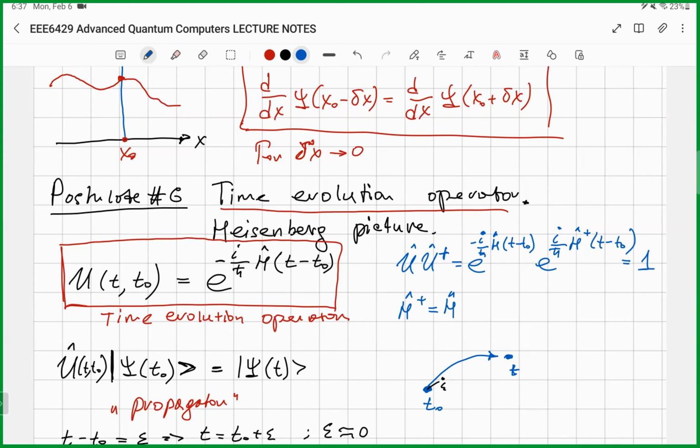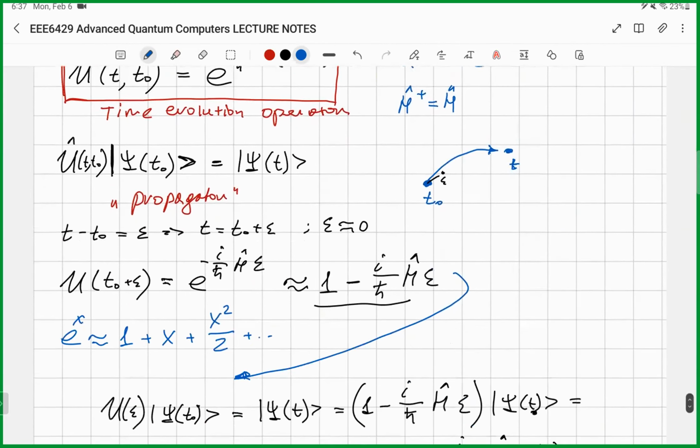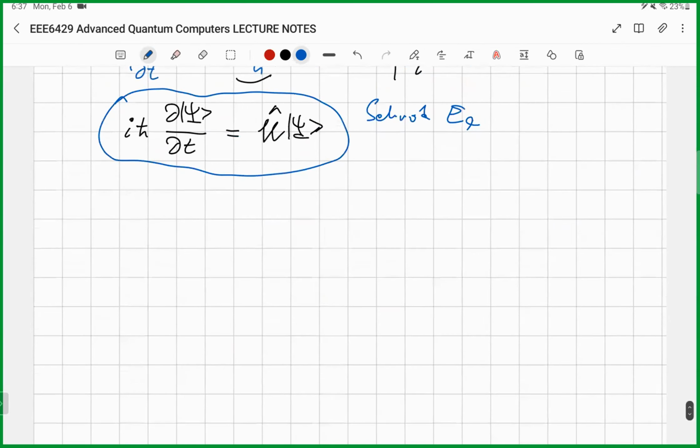So you can use this evolution operator instead of the Schrodinger equation. And sometimes it is more convenient to work with these propagators.